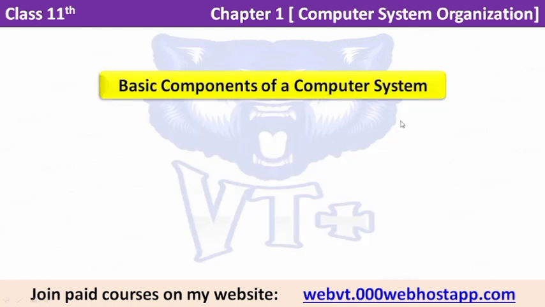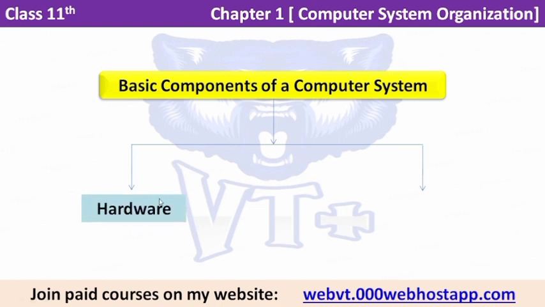After that, basic components of a computer system. We discuss the basic components of a computer system. Computer is the combination of hardware and software. Everybody knows hardware is the physical parts of the computer that we can touch.